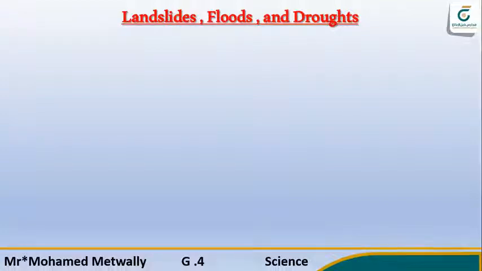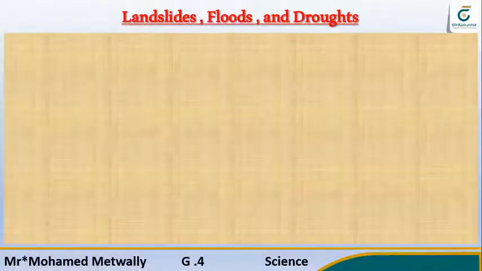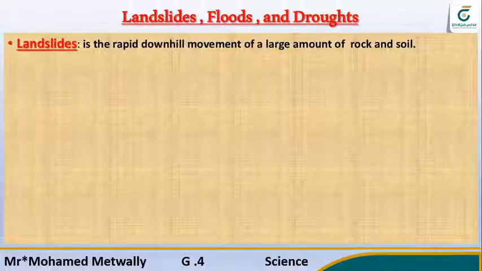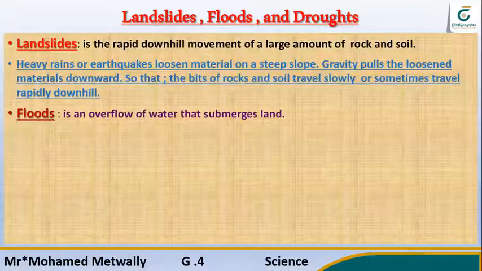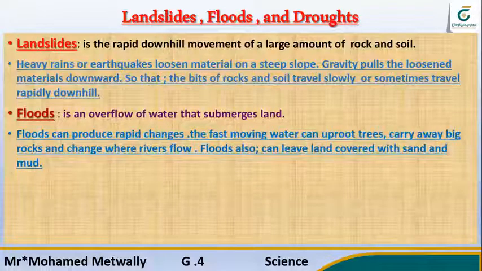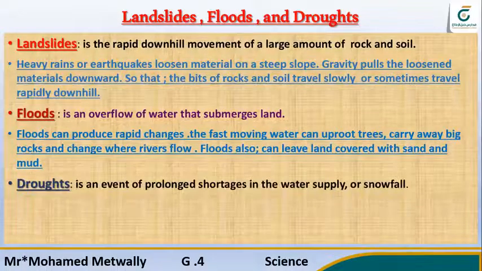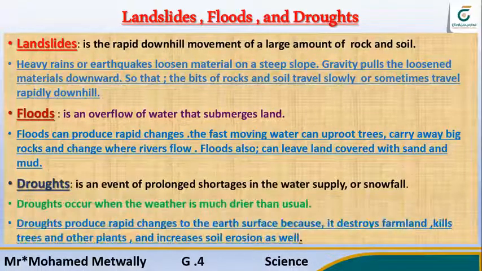We can take more information about these natural events here, starting with landslide definitions, then the explanation of landslides, floods, then their explanation as well, and finally droughts and the explanations for droughts.